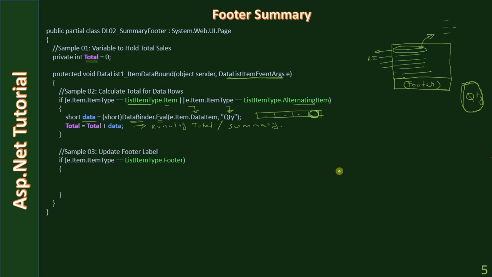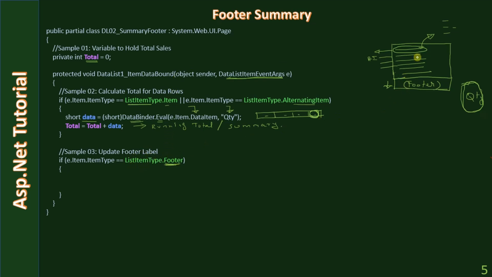Since this will run for each and every item, after some point in time the data binder will reach the footer section as well, and that time we will not get inside here, but the e.item.item type will give the type is footer. It is not item or alternate item. We reached the footer, so we get footer.